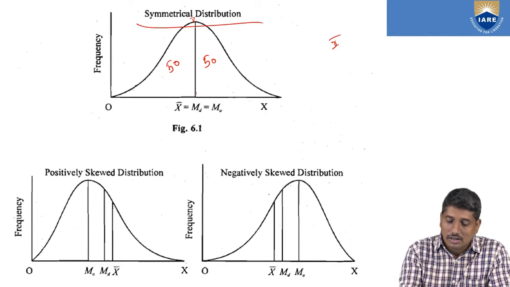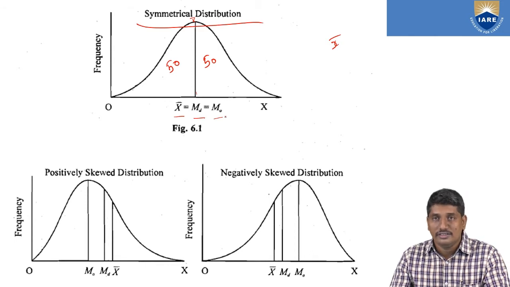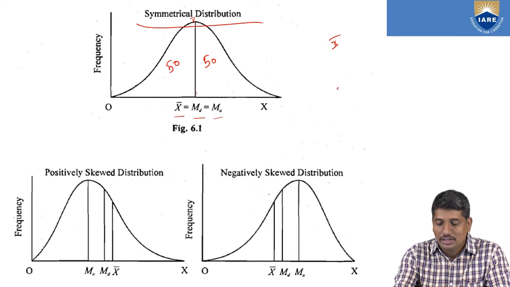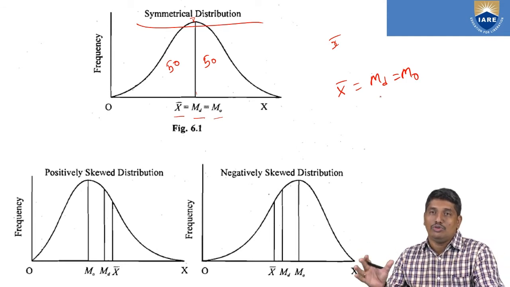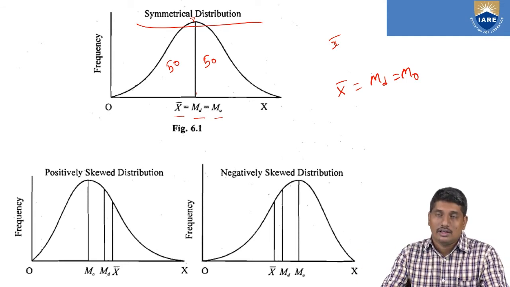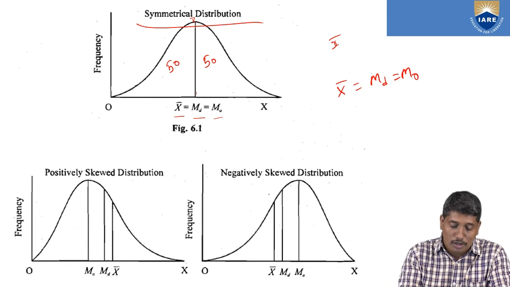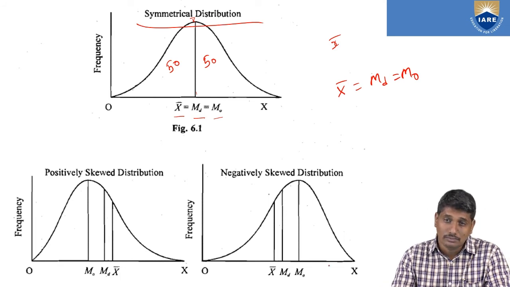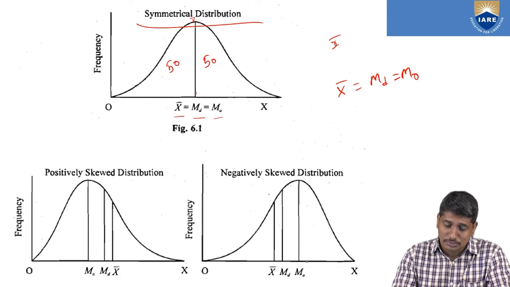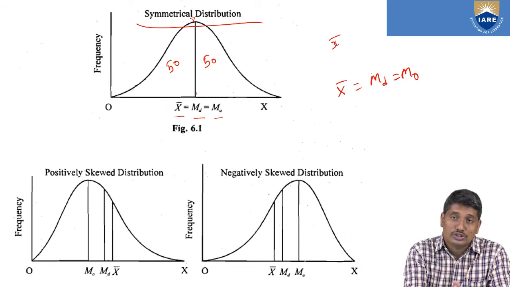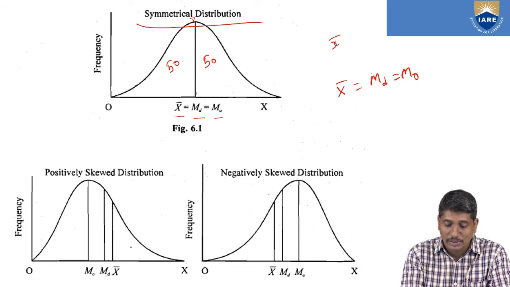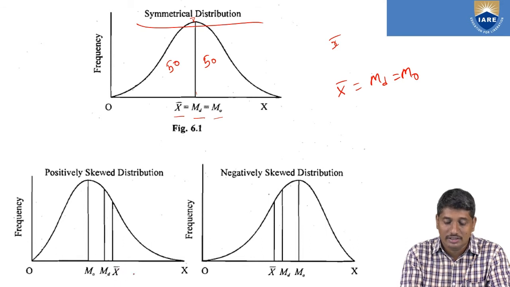In this case, surprisingly, the mean, median and mode, all three of the distribution will coincide. That is, mean will be equal to median, which is equal to the mode. Now, positively skewed distribution: the data will be more spread towards the left and less towards the right of the mean.